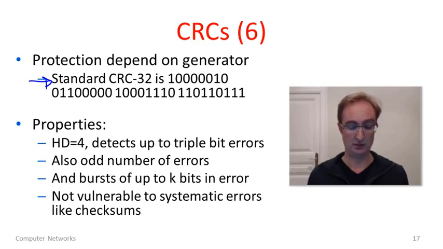In addition, it will detect all bursts up to k bits in error, where k here, for a 32-bit CRC, would be 32 bits. And it's also stronger than checksums in that it's not vulnerable to systematic errors. Checksums, because it's simply a sum, if you were to do something like insert a lot of zeros inside a packet, it wouldn't alter the sum, you wouldn't pick it up. With a CRC, if you move data around or add zeros or splice things together, it will pick it up.